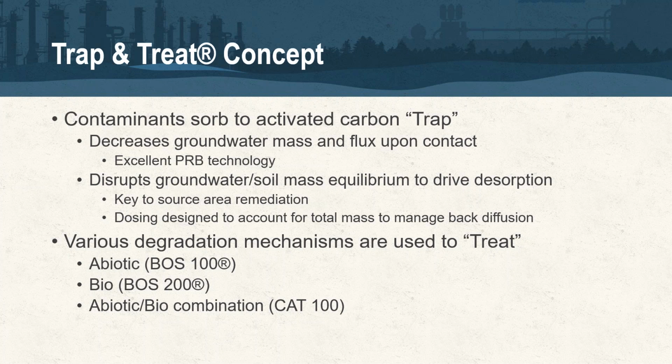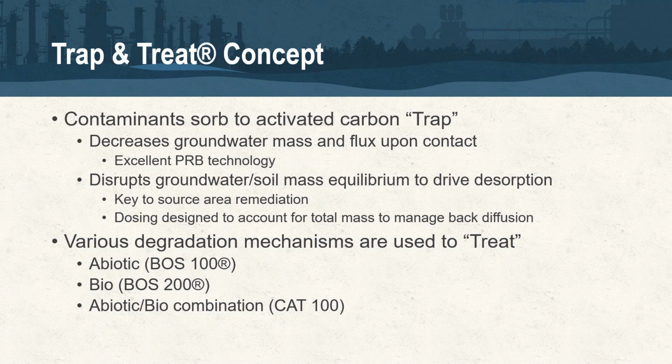So if you're at a PRB, down gradient, plume situation, double digit, triple digit ppbs, for example, don't have a lot of sorbed mass, then the carbon's going to function just like it would in a carbon canister that you'd have on the back end of a treatment system, right? And so that's the trap part. We'll get to the treatment here in a minute.